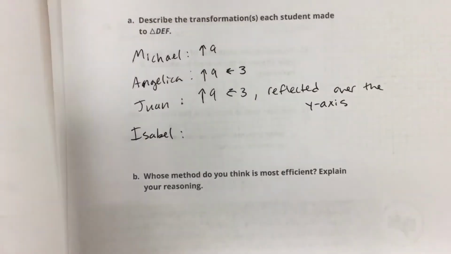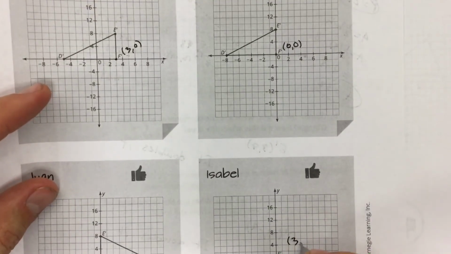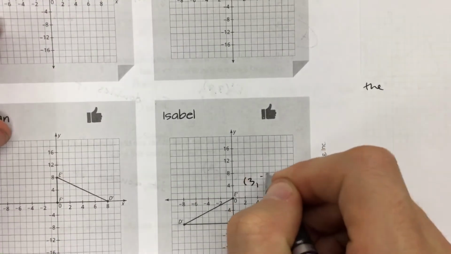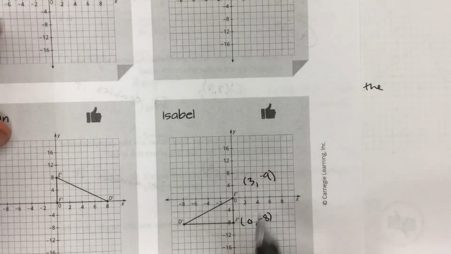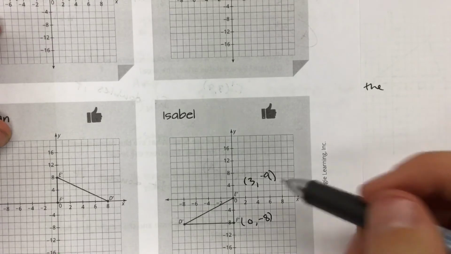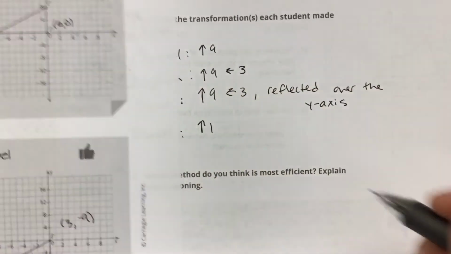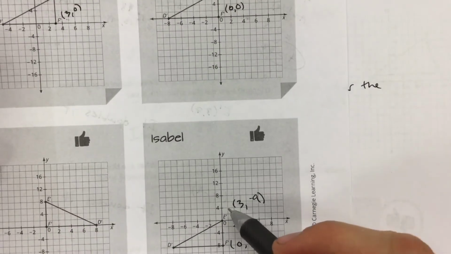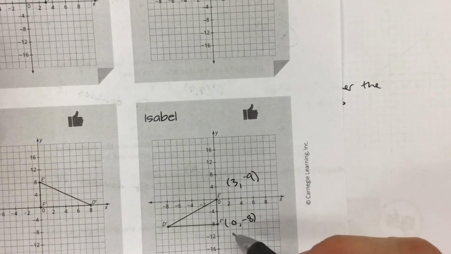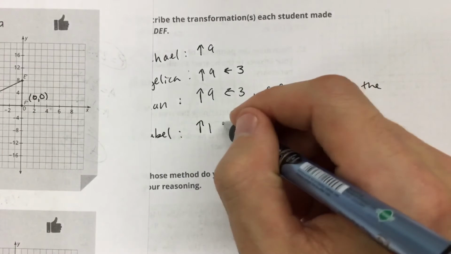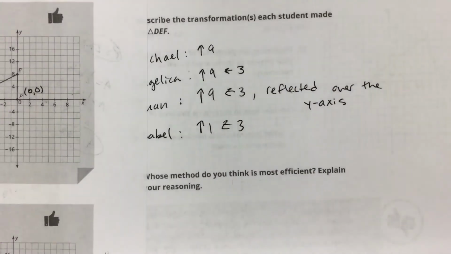So this is our original, this is our new one. She had to move this to get from -9 to -8. She had to move it up 1. And then to get it from 3, our original, over to 0, she would have had to move it to the left 3. Okay, and that's all that she did.